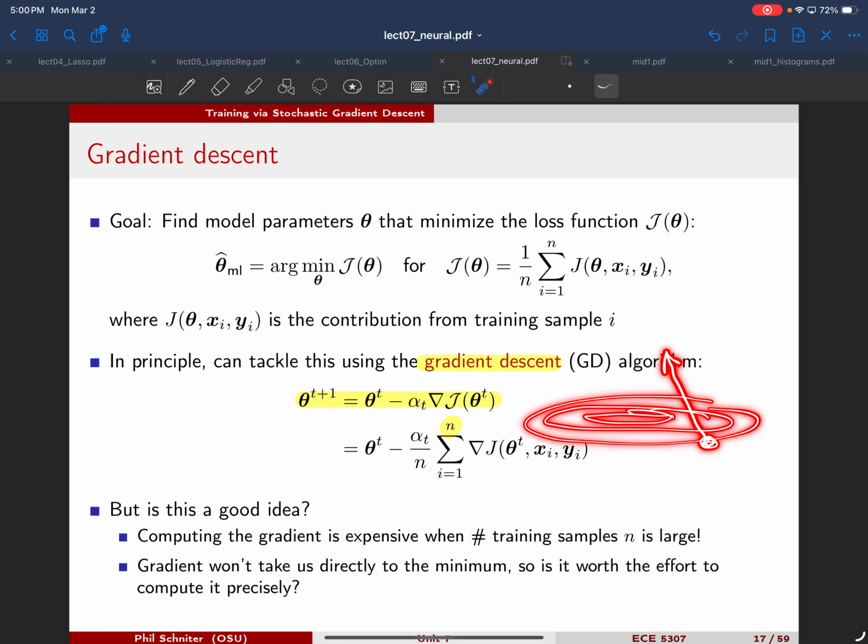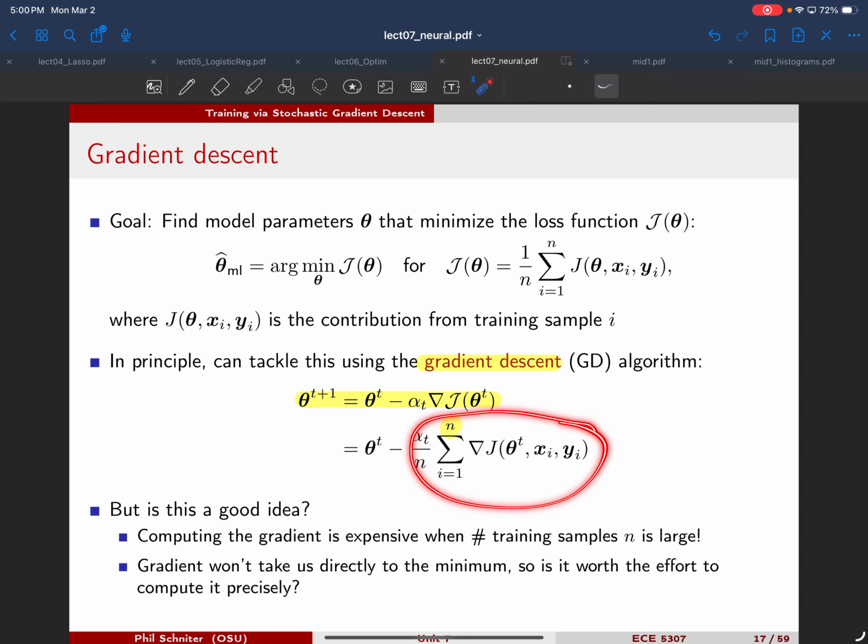And so if we're spending a massive amount of computation to compute a gradient which is really not even pointing us in the direction we want to go, that's kind of a questionable thing to do, right? It's like, why do we spend all this computation computing a gradient that's not even pointing us in the right direction? It's pointing us downhill, yes, but it's taking us on maybe a circuitous route to where we want to go.